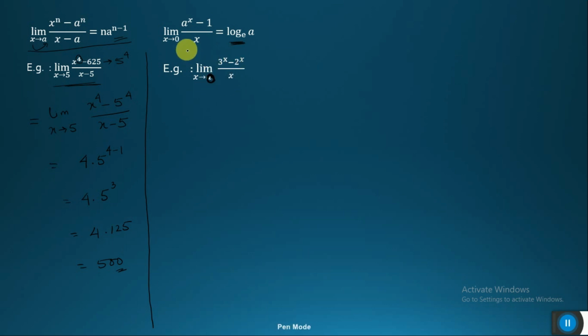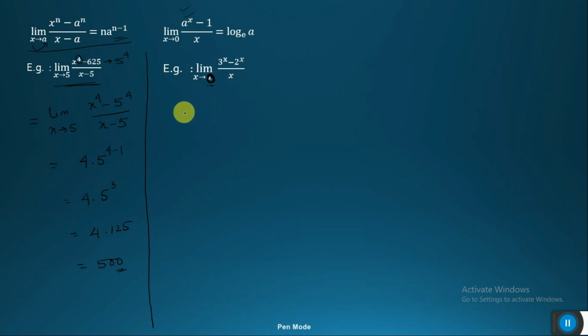Okay, now you see this formula, x tending to 0, (a to the power x minus 1) by x. Okay, so this is natural log of a. So you can see clearly here, this doesn't look like this, only this part looks like this, and this part looks like this. Okay, and x is the denominator, right? So this is x tending to 0, this is x tending to 0.